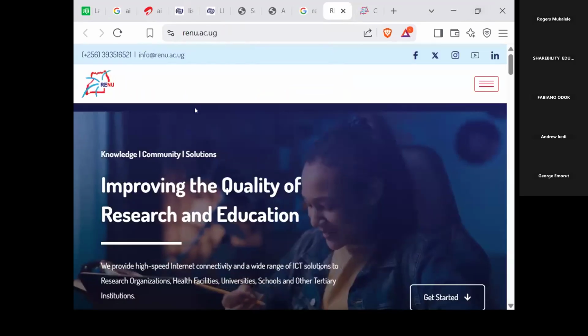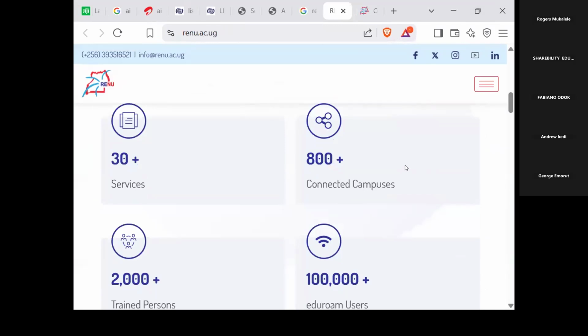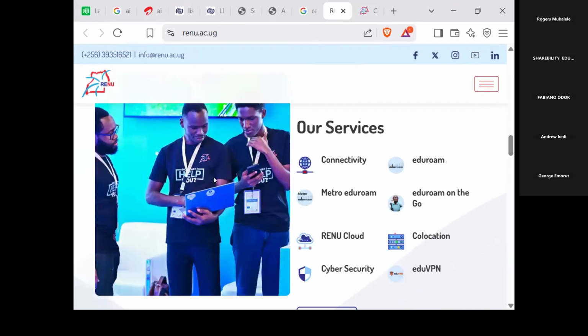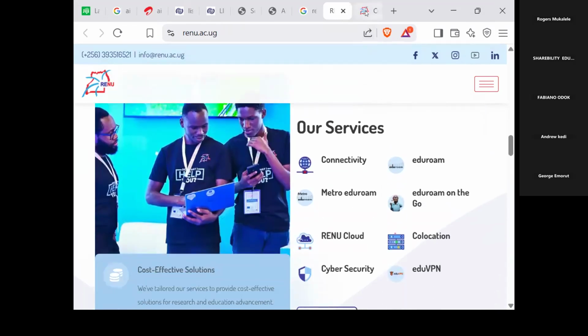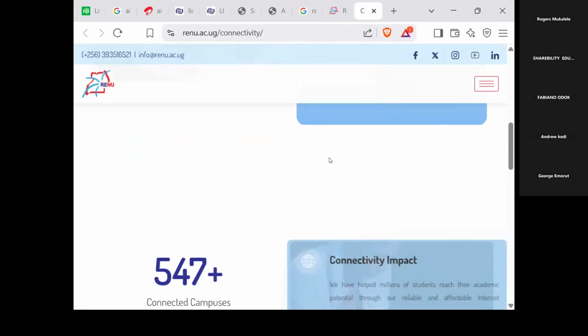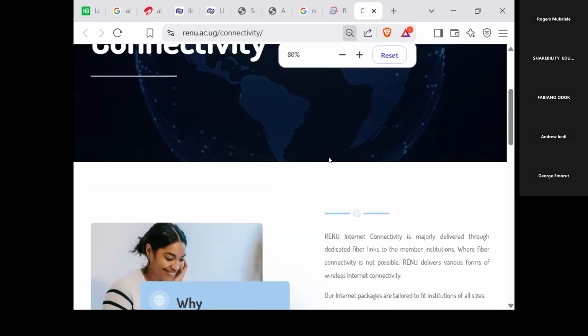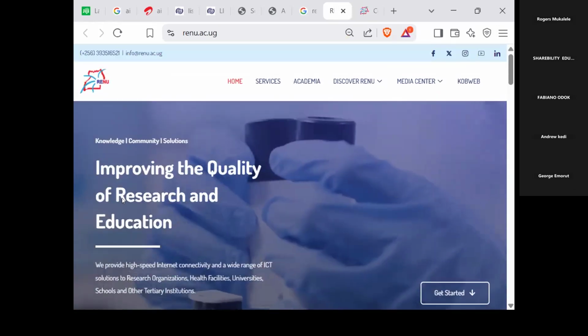They are publishing different reports about internet and the impact they connected. I know some schools, like for example, Chambogo College, are using RENU, and many other schools are using RENU specifically to connect to schools.